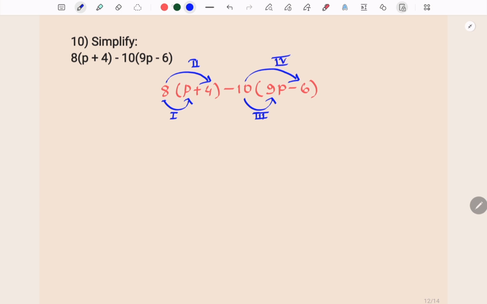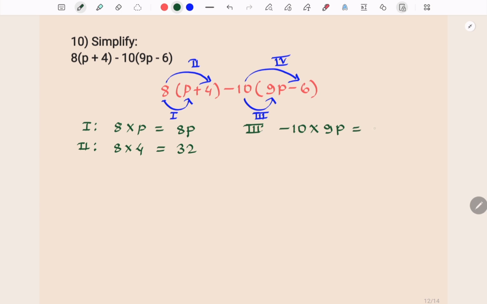The first multiplication would be 8 multiplied by p. 8 times p is 8p. The second multiplication would be 8 times 4, that is 32. The third multiplication is minus 10 times 9p.